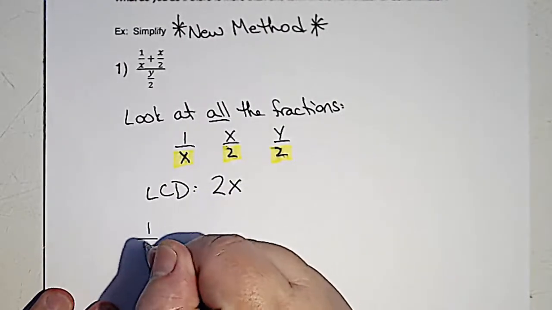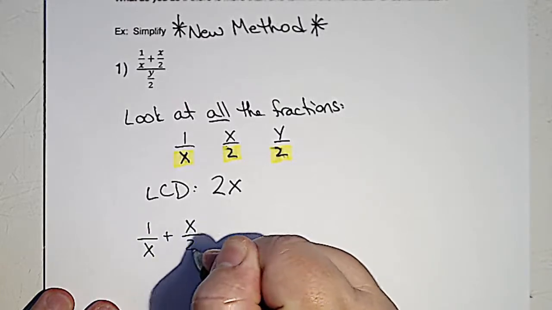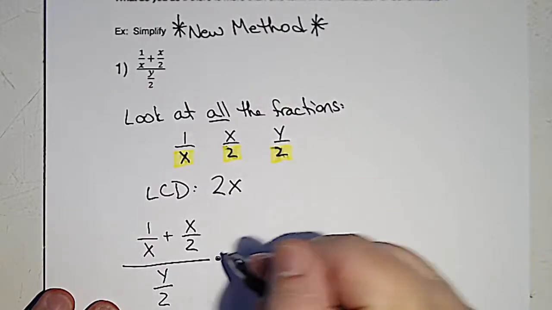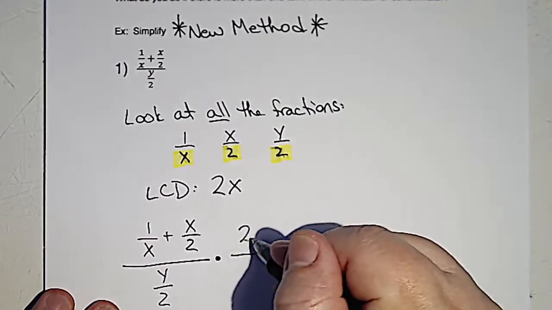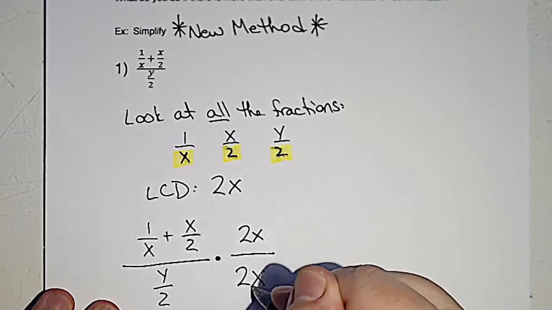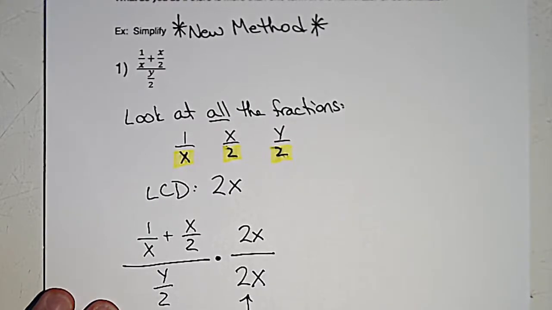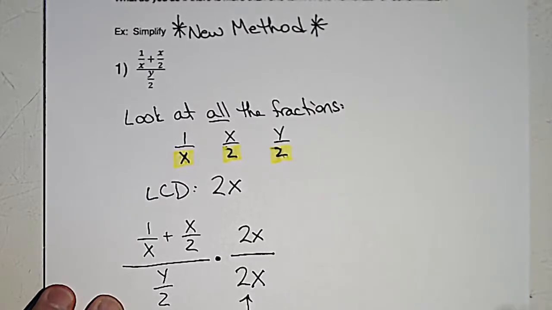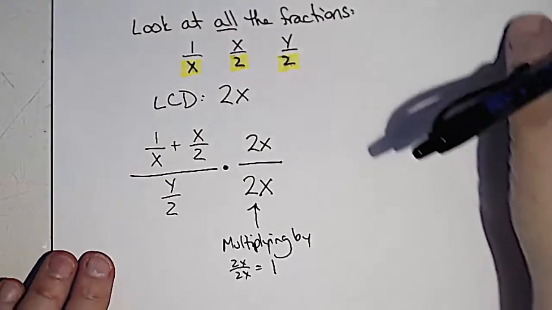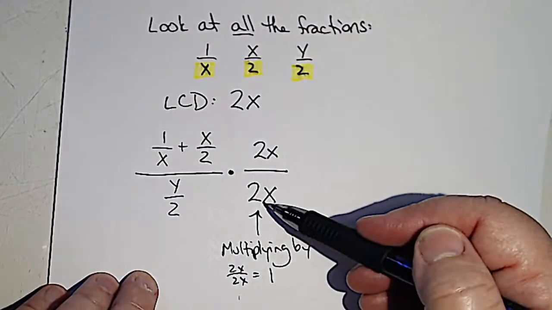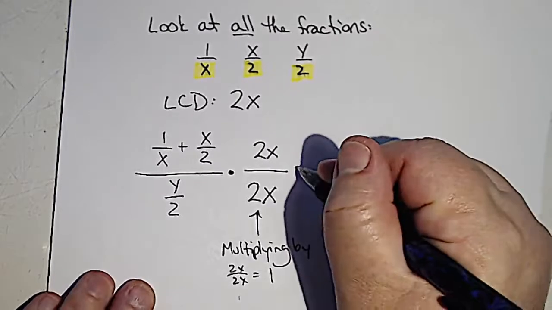Well, if I have 1 over x plus x over 2 all over y over 2, I'm allowed to multiply on top by 2x and on the bottom by 2x because I'm really multiplying by 2x over 2x, which is 1. I'm multiplying the whole fraction. Oops, sorry, you can't see that arrow. I'm multiplying the whole fraction by 1. Same thing over same thing. Okay, so this is what I'm going to do.